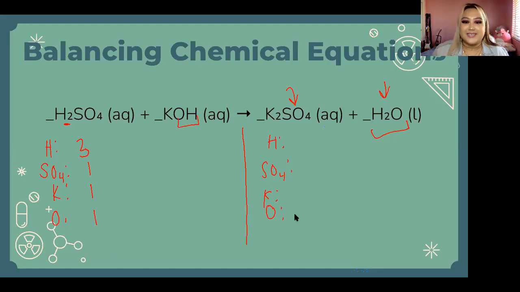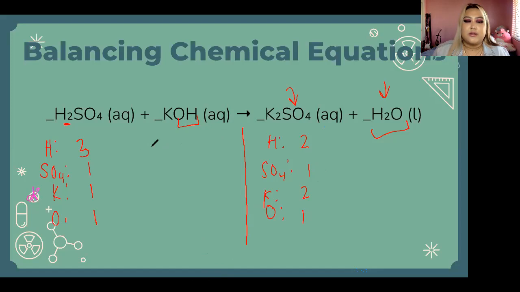Anyways, for the product side, anyone want to take a guess at it? 2 for H. Mhm. 1. Mhm. 2. Mhm. And 1. Perfect. Okay, so which ones do we want to kind of mess with? K. Okay.